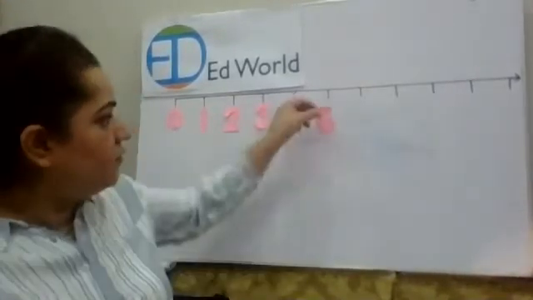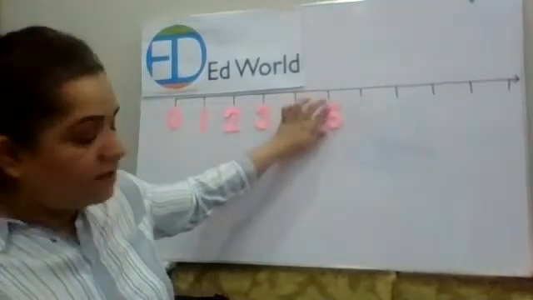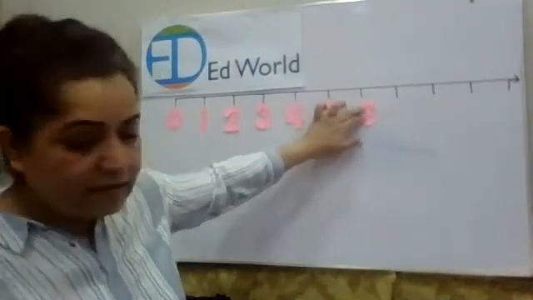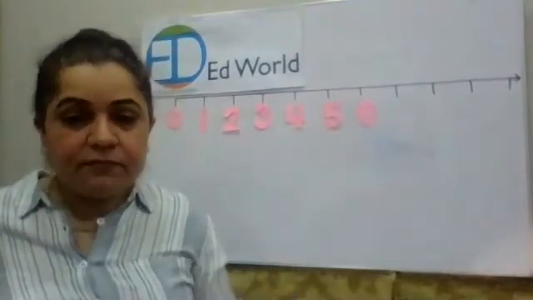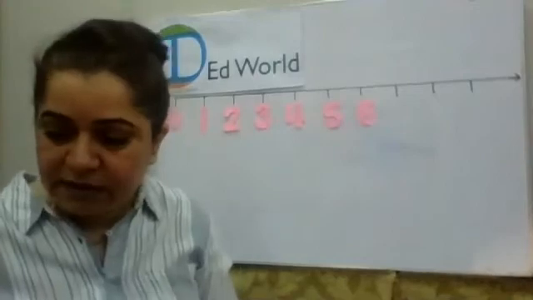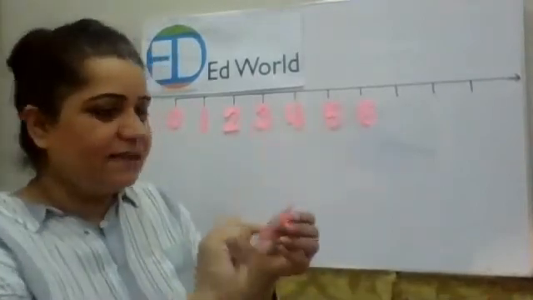then number 5, number 6, right? Okay, what comes after number 6? We're going to put number 7.